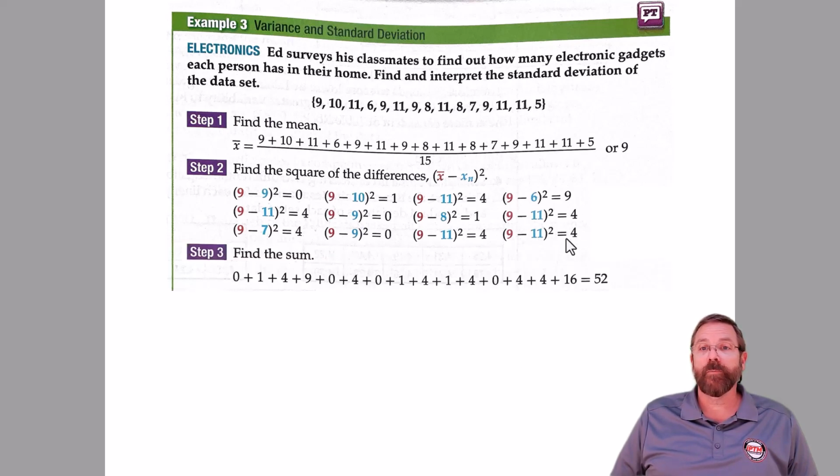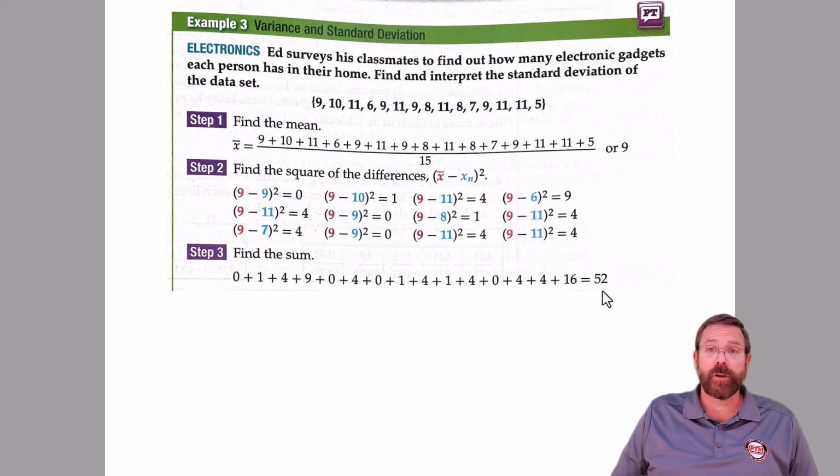And there we go. Now we have all of our data, except somewhere we missed 5. I did not include the 9 minus 5 for the last one, but they did have it here. It ended up having a difference of 4, and 4 squared was 16. I'm not sure where the 9 minus 5 went. But anyhow, we did all that, and we found their total, which is going to be 52.